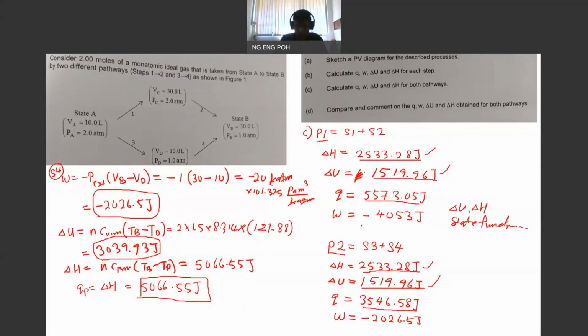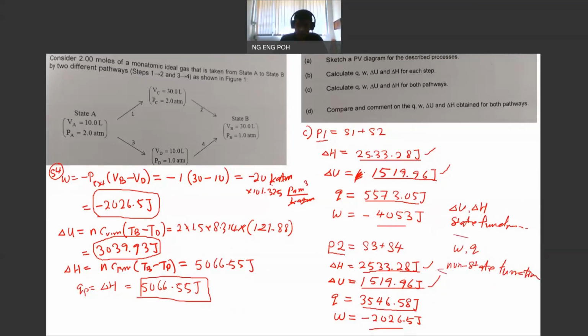And W is also negative 4053 joule, and here W is negative 2026.5. So they are different. So that means W and Q are non-state functions. Okay, so these are the answers.